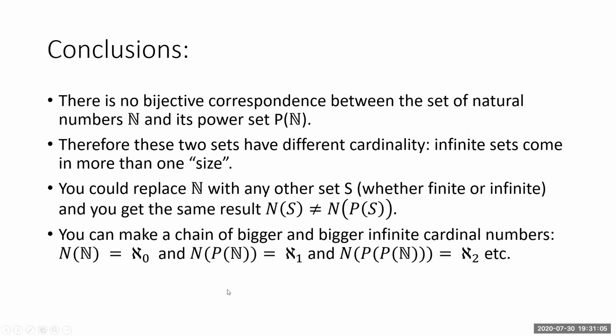It's thought that there's not any cardinal number bigger than Aleph null but smaller than Aleph 1. So it's like there's no Aleph 0.5. That is believed, but it's not proven.